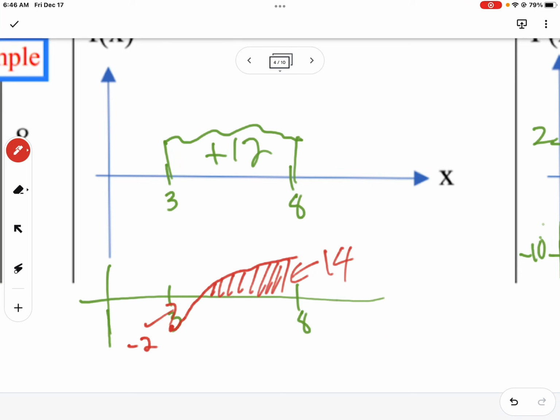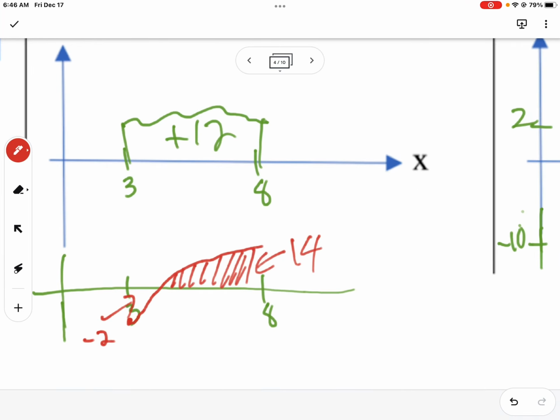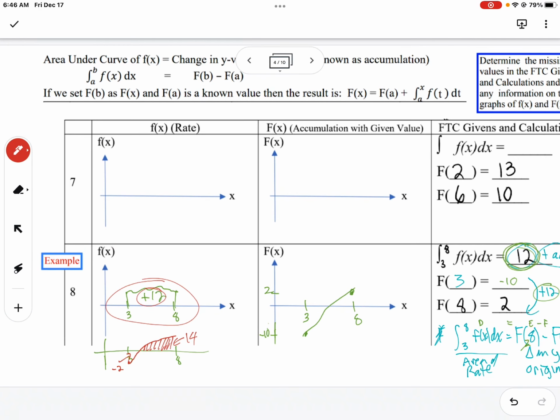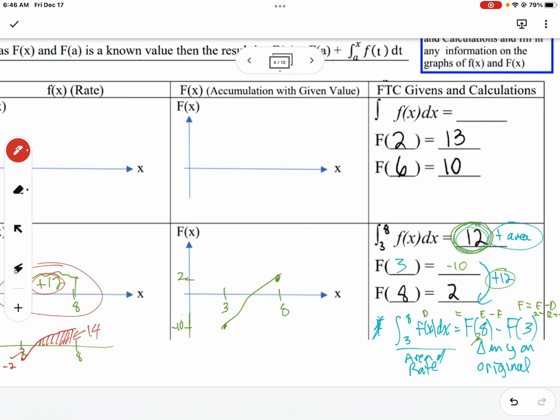So any combination of areas in there that adds up to positive 12. There are many, many possibilities. Really, what would I expect on a test? That one. If you want to get more complex, you can, but you don't have to. So that's one where there's a lot of open-endedness to it.